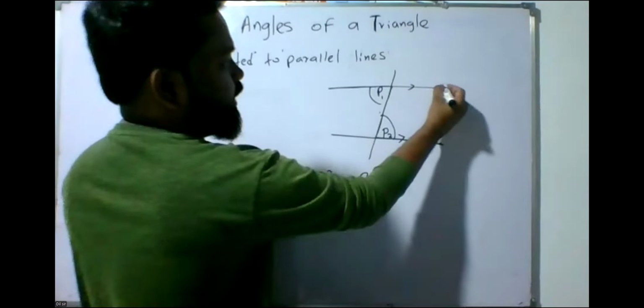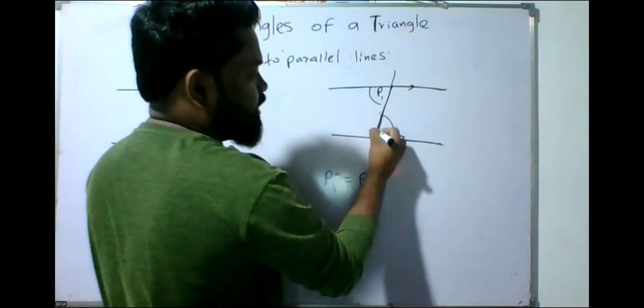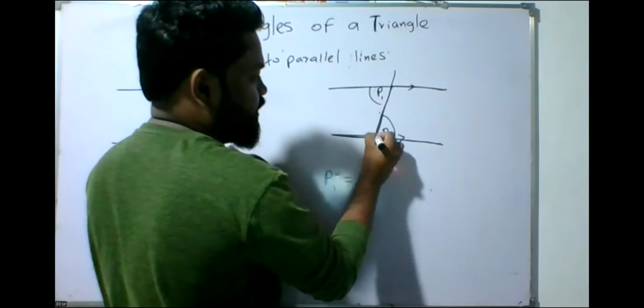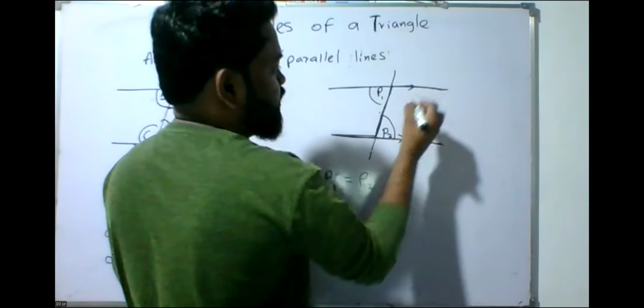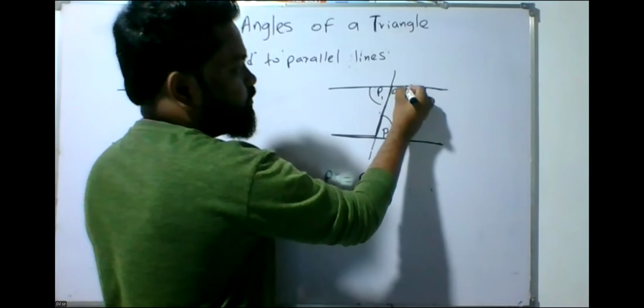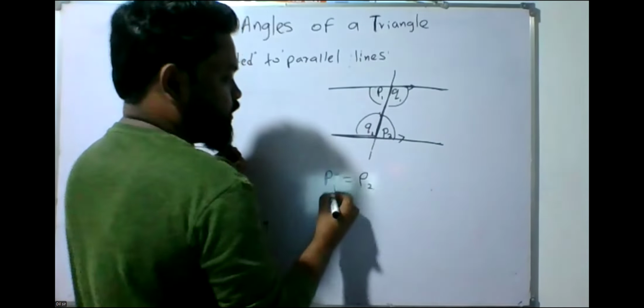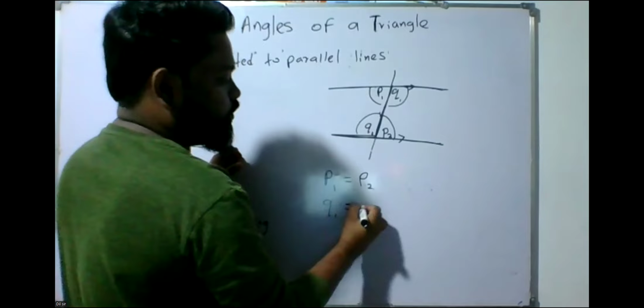Not only that, there is another pair. Another Z shape is there. Not exactly Z, but the shape is Z. Let's take Q1 and Q2, right? Q1 equals Q2, same.